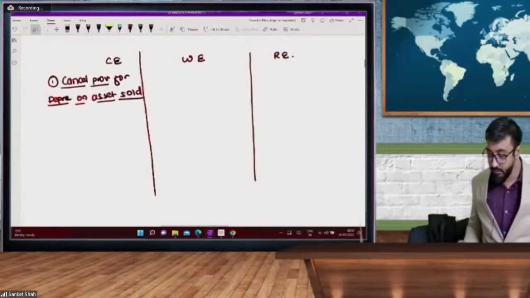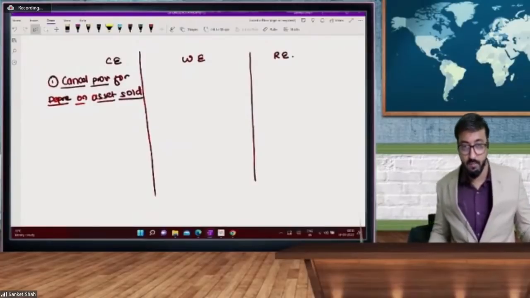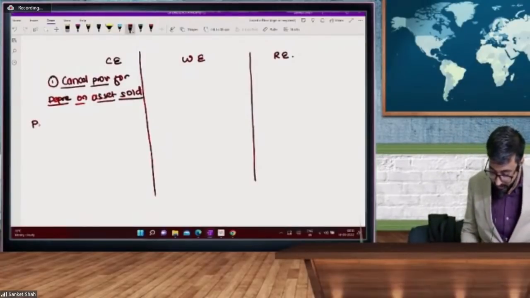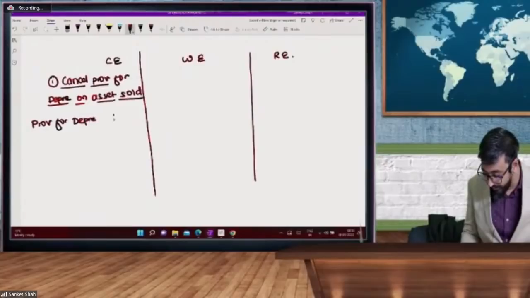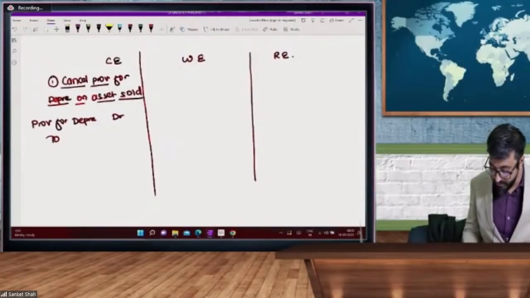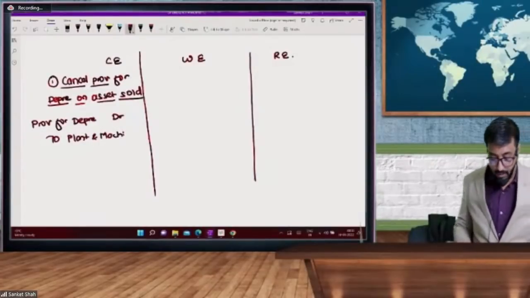Cancel provision for depreciation on assets sold. So what is the entry? Provision for depreciation has a credit balance. So debit provision for depreciation, to asset account. Now the asset here is plant and machinery. So to plant and machinery.